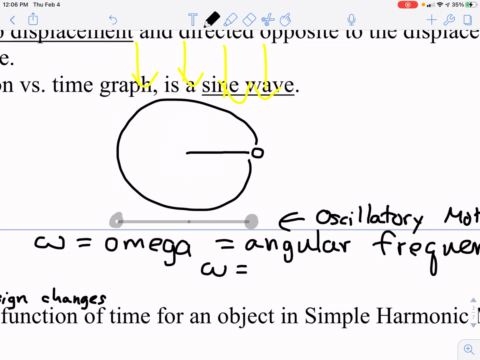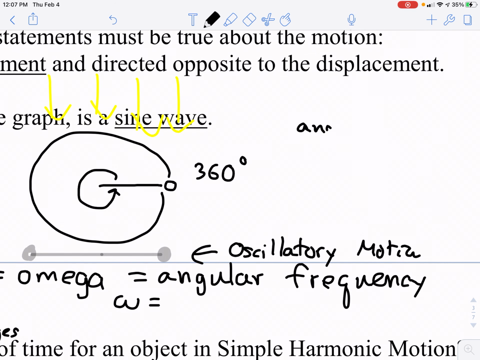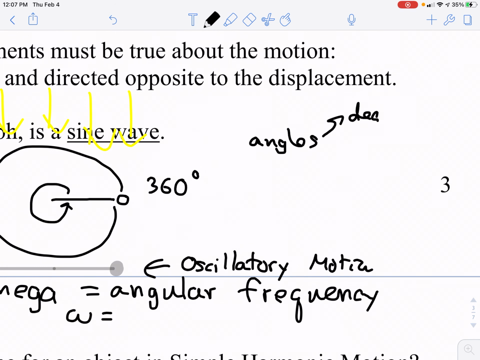So, let's review a couple things. Number one, the full circle makes 360 degrees of rotation. Now, another mathematical way to describe a rotation would be a radian. So angles are either measured in degrees, which many of you are familiar with, or radians.